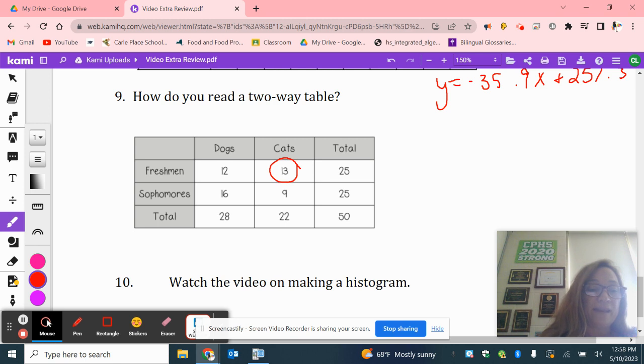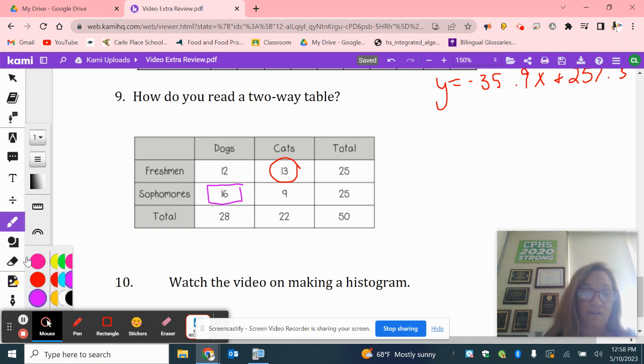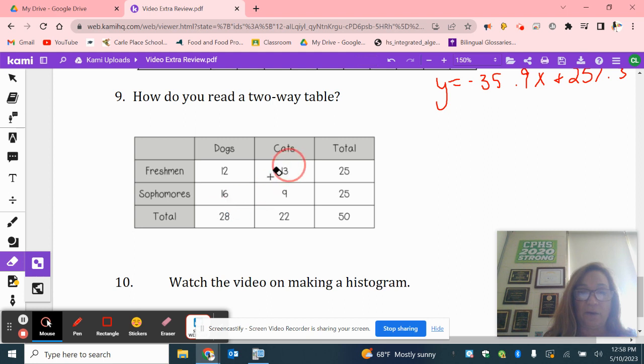Okay? What this one in purple means is there are 16 sophomores who have dogs. 16 sophomores who have dogs. Okay? It's a two-way table, and it's basically giving you columns of information and rows of information.